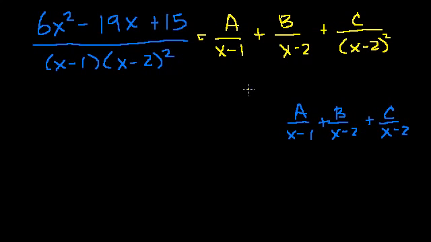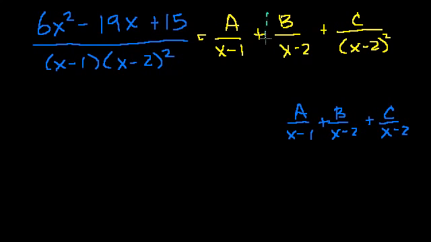And the intuition here is that if you were to, let's ignore this term right here, but if you were to add these two terms right there, you would get a rational function that would end up having something times x plus something. And this is just for intuition.